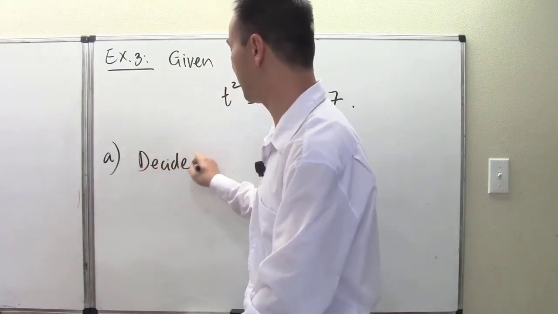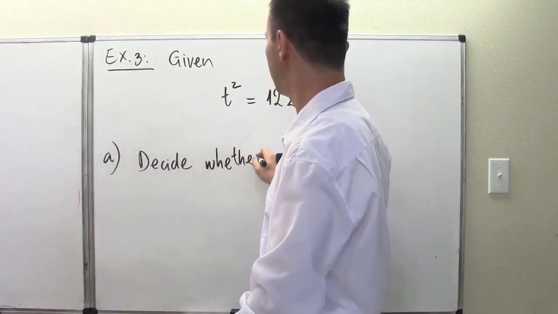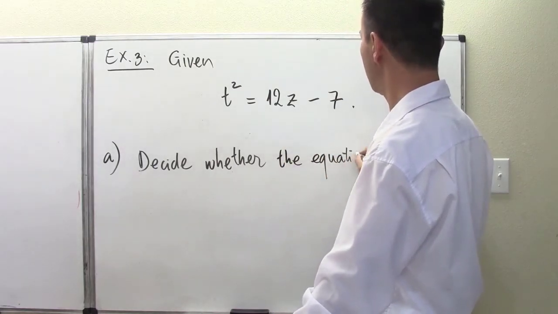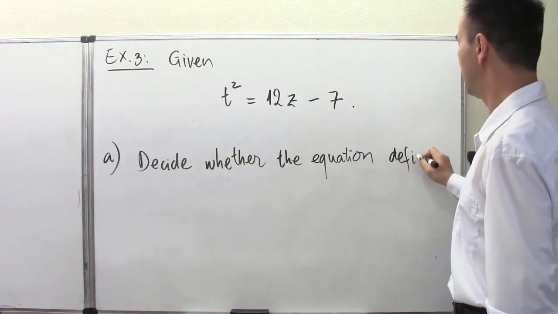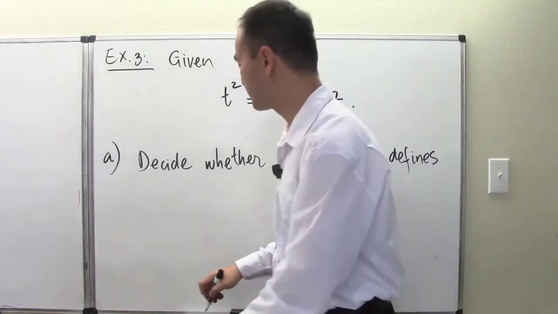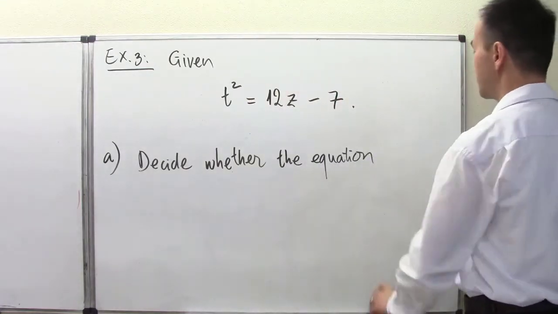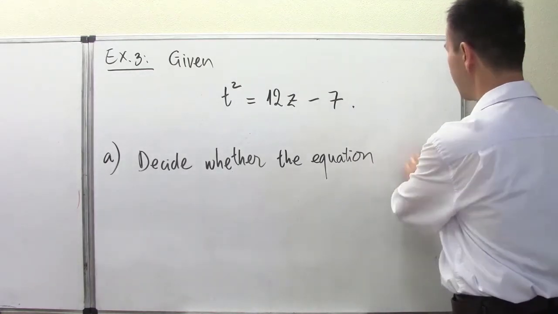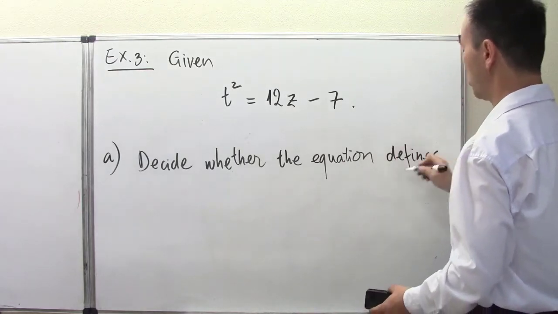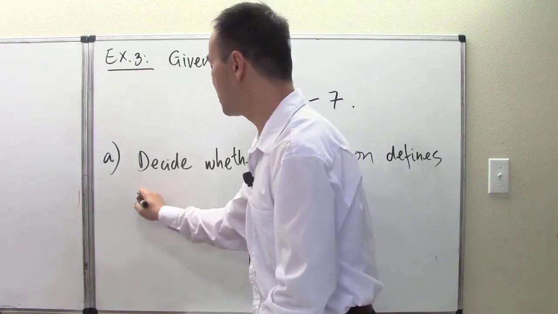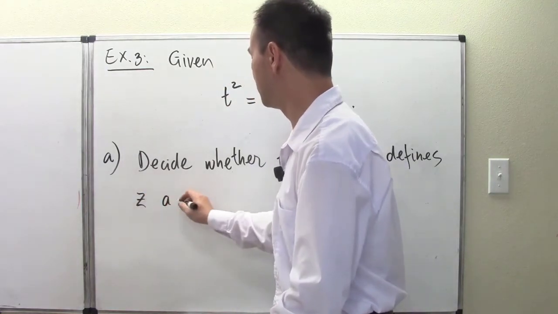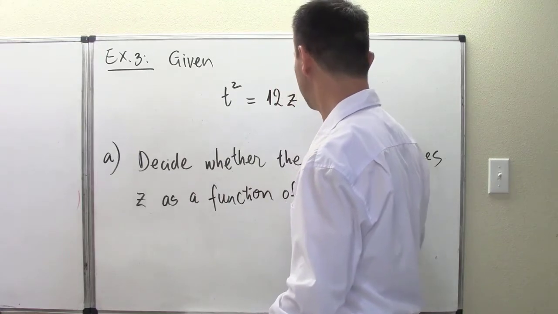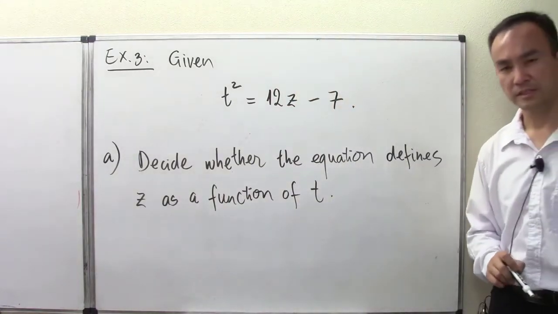I want to decide whether the equation defines, or represents, or the more precise term, defines, z as a function of t. Z as a function of t.